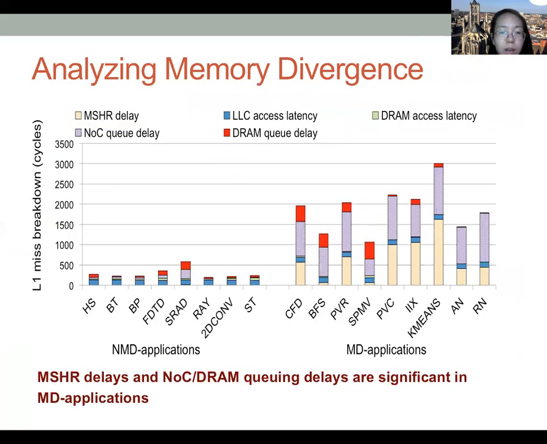This figure shows the L1 miss latency breakdown for selected GPU compute applications. We observe that delays due to insufficient MSHRs as well as queuing delays in the NoC and DRAM subsystem are significant in memory divergent applications, while non-memory divergent applications are hardly affected.